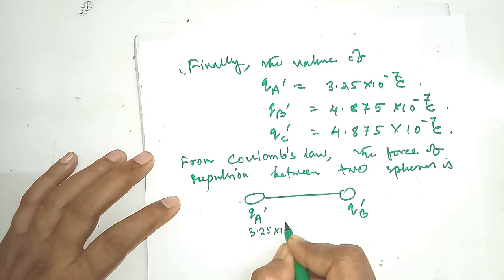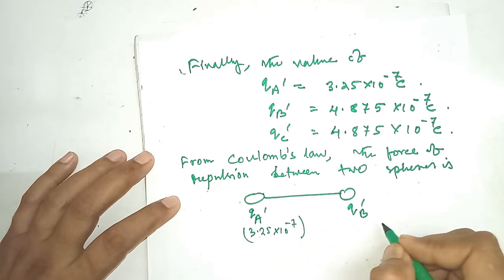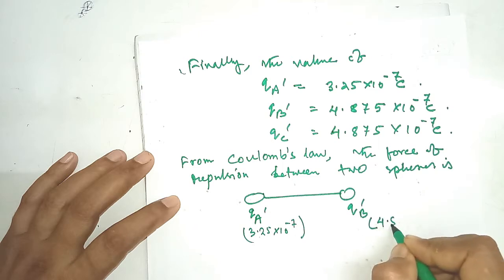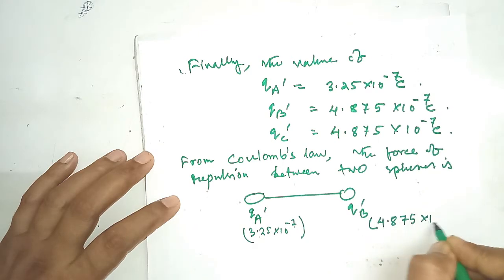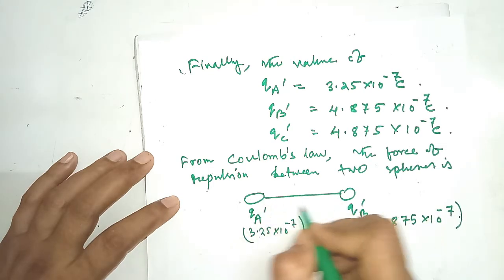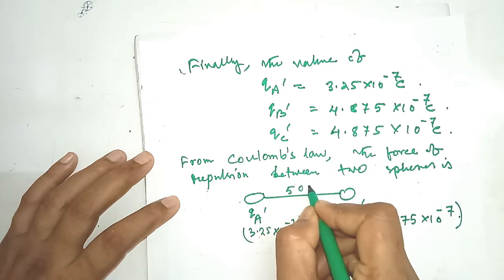QA dash is 3.25 into 10 to the power minus 7 and the QB dash का वैल्यू है 4.875 into 10 to the power minus 7. Okay, and the distance between the two spheres is 50 centimeter.